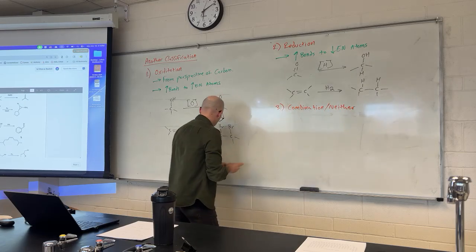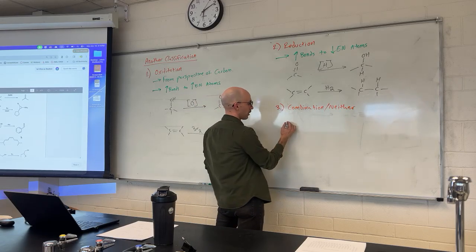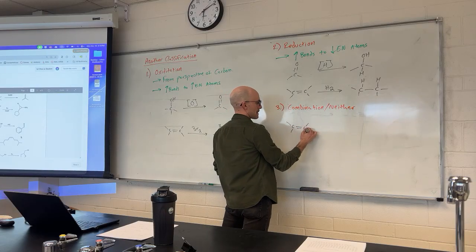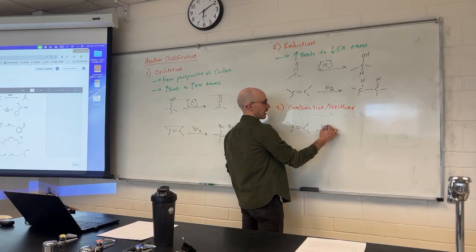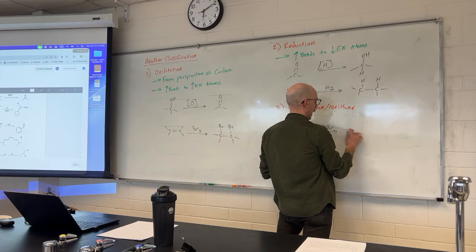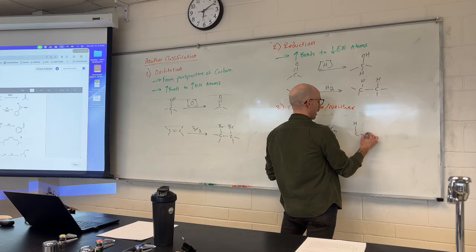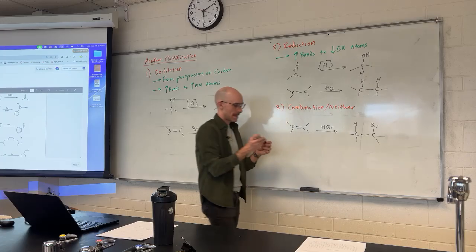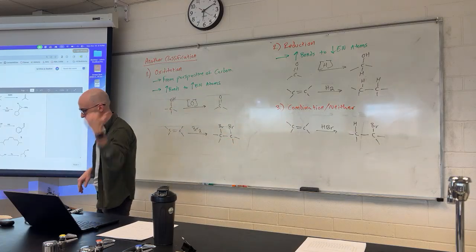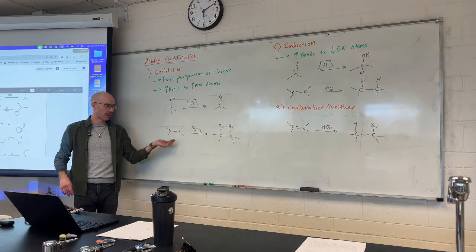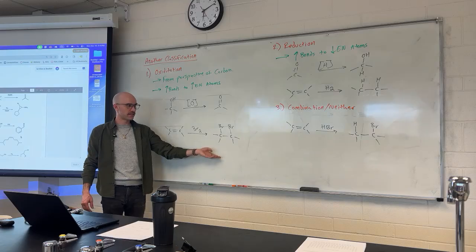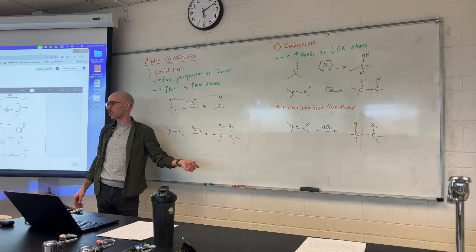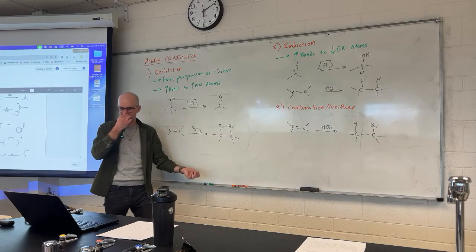There's another addition reaction that we will learn that involves hydrogen and bromine being added across an alkene. We just saw a reaction where bromine oxidized the two carbons because bromine is more electronegative than carbon.